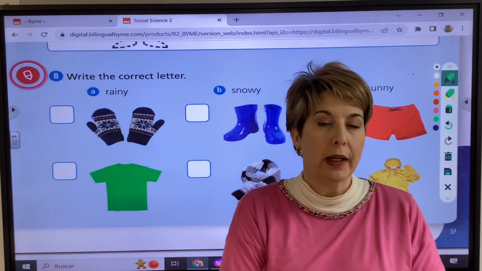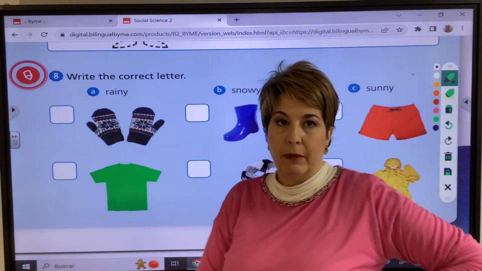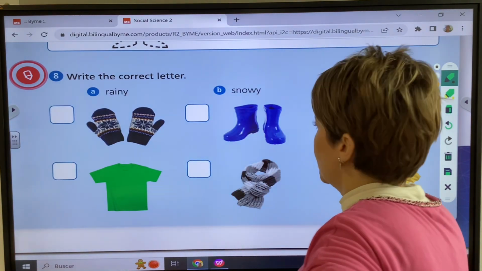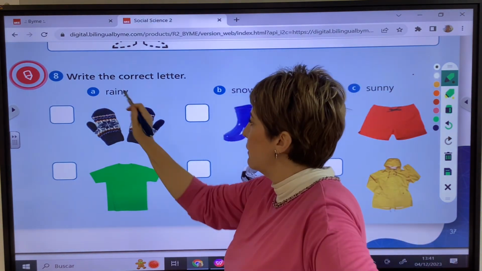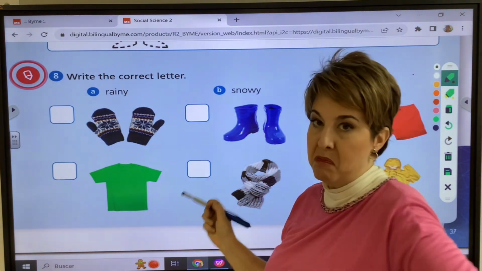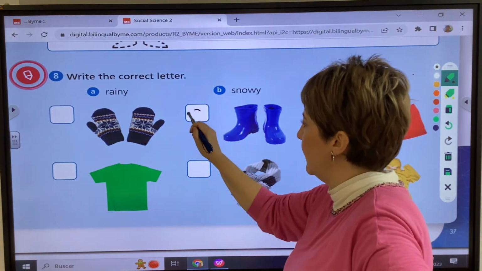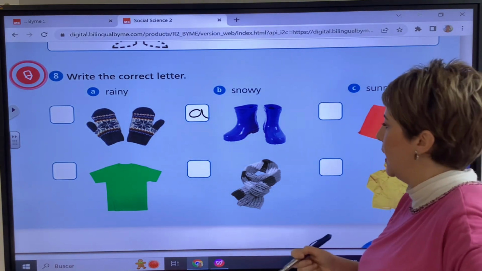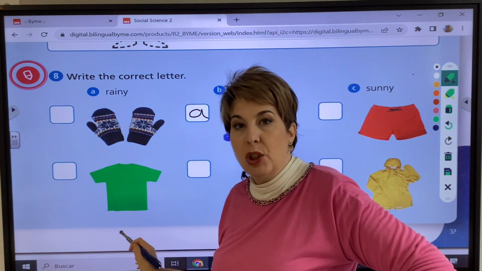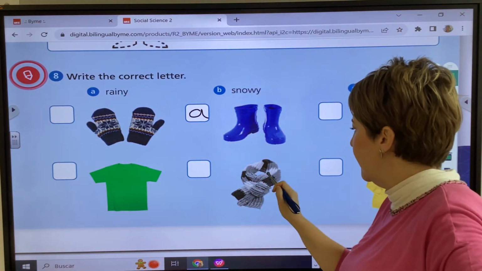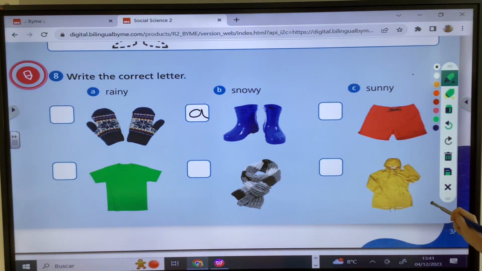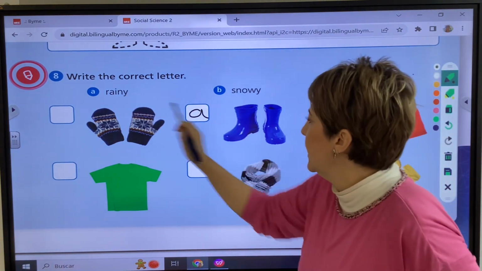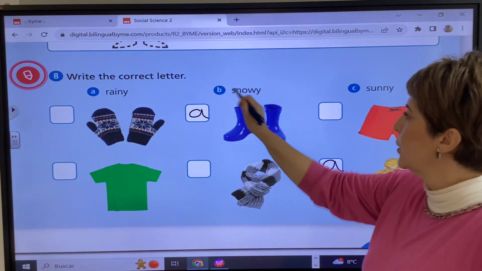What will you wear if it's rainy? If it's rainy, snowy, or sunny? Let's think. Rainy. Will you wear gloves? No. Will you wear rain boots? Yes. Will you wear shorts if it's rainy? I don't think so. Will you wear a t-shirt, a scarf, or a raincoat? I would wear a raincoat. So A, rainy here and here. What about snowy?